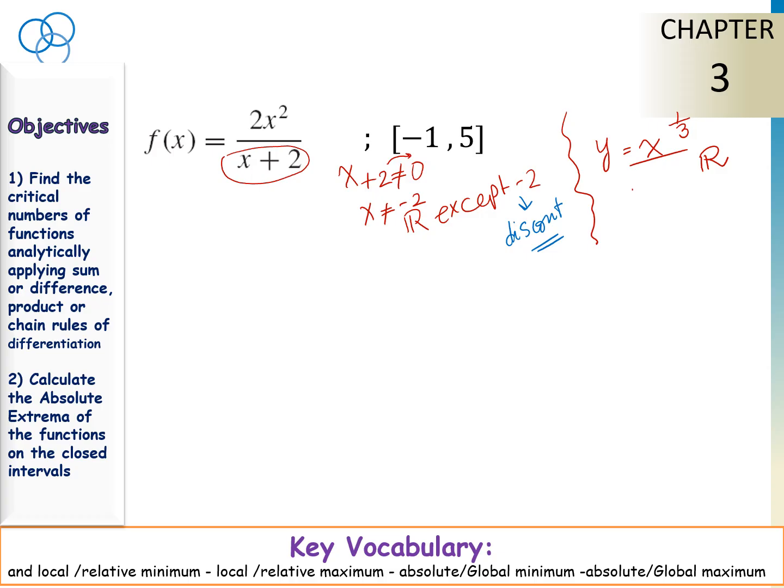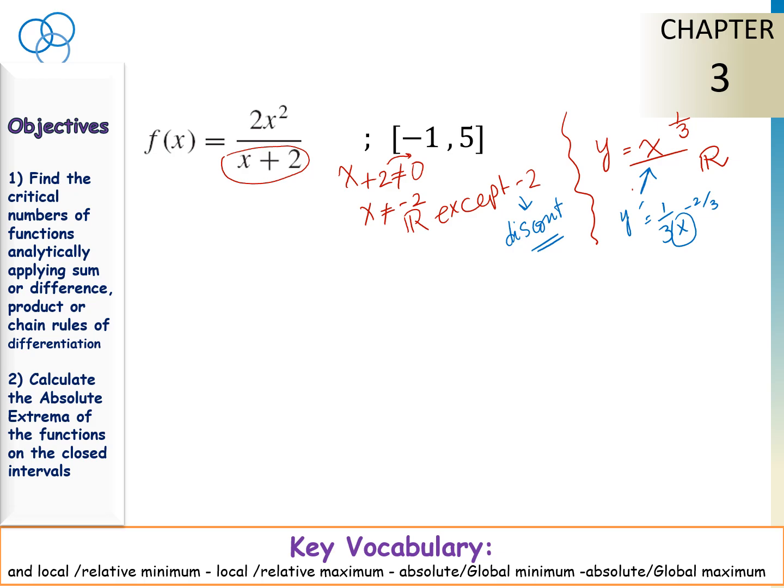And at a discontinuity, you can't find any absolute extrema. But in the previous one, when you got y prime equals 1 over 3 x to the power of -2/3, the domain was all real numbers.